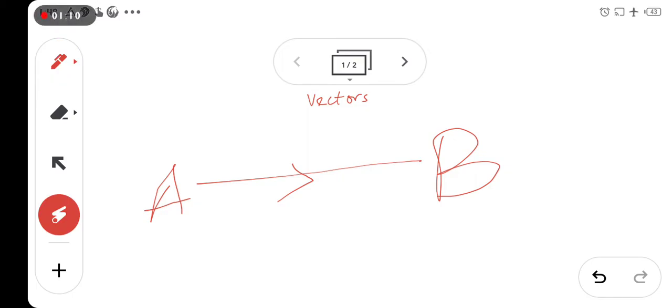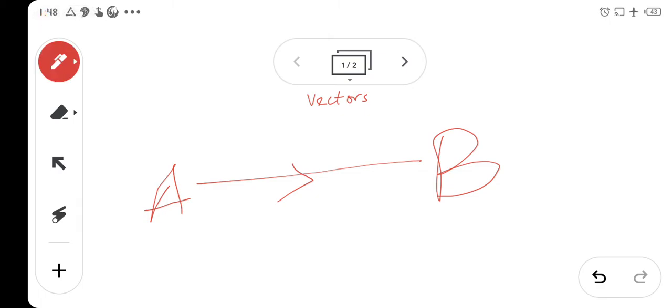This is the magnitude, the size of the directed line segment. Then this is the direction. Where this arrow is pointing is the direction. The arrow pointing from A to B means that if I want to write my vector, I will write it as AB with an arrow, meaning that the vector moves from position A to B.